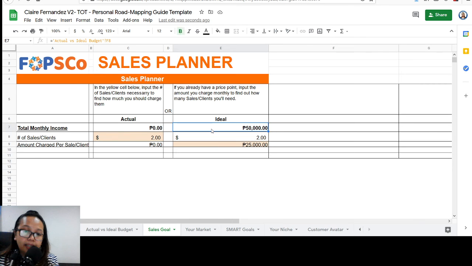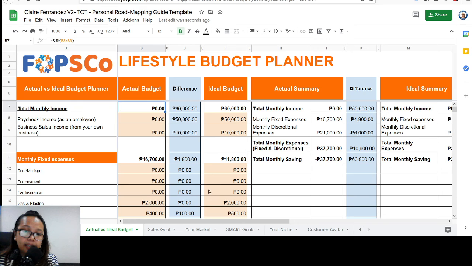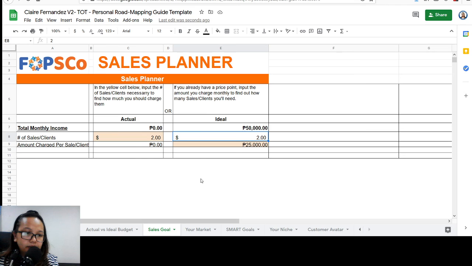So ideally, it would become 50,000 pesos. It's actually where we got the 50,000 pesos here, the income here, that's F9, 50,000. It's where we get the income. So this is the ideal budget, I mean, the ideal sales plan.